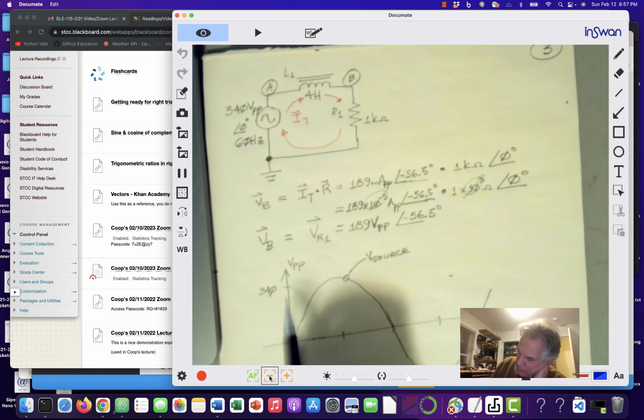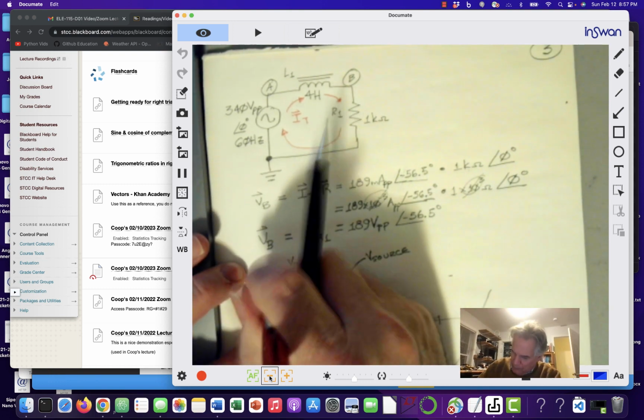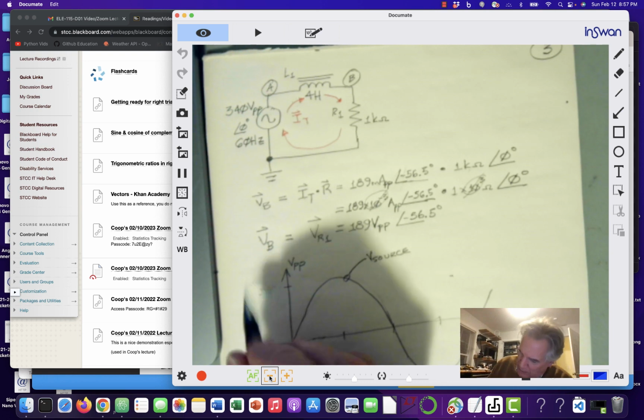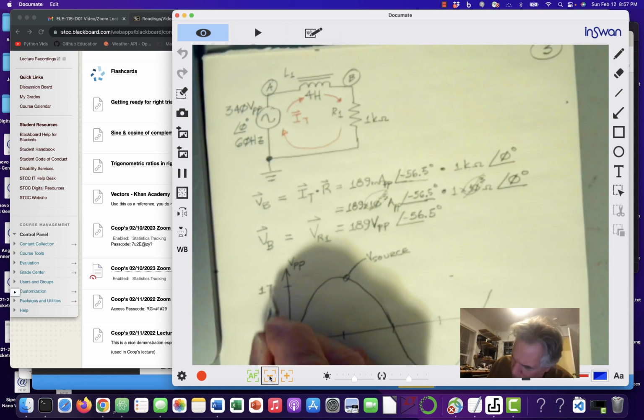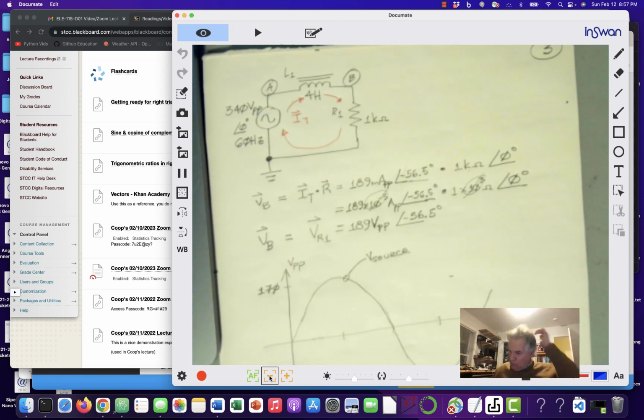This is 170, and this is minus 170, and that gives me 340 volts peak to peak.